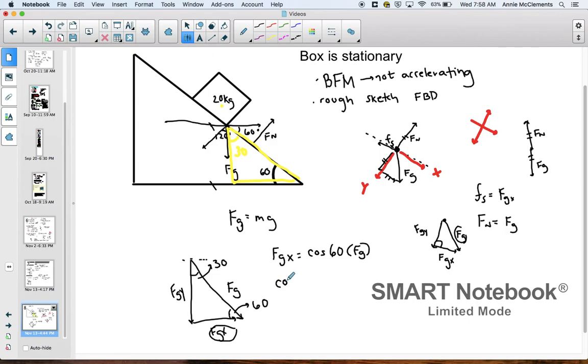So cosine 60, just to show you where I got this from, equals Fgx over Fg. Multiply both sides by Fg, and you get the above equation. So we can solve for Fgx, and once we have Fgx, we actually know the static friction force because they have to equal each other, because the box isn't moving.